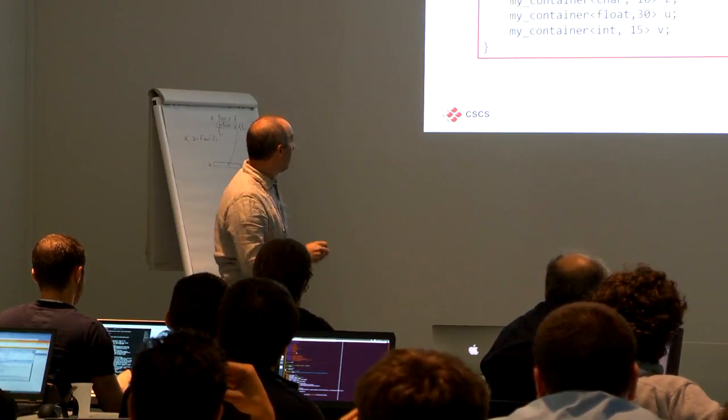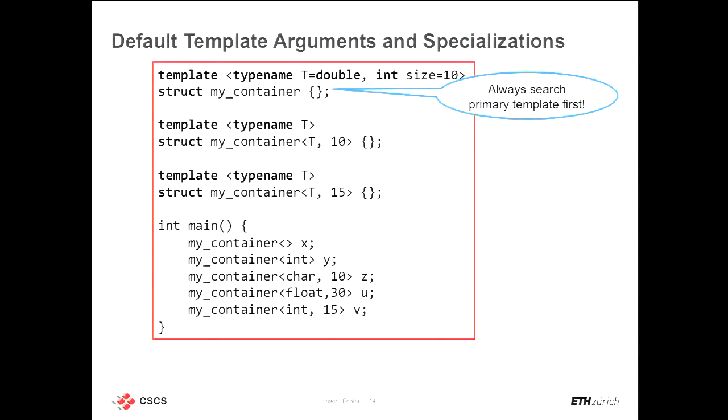And the primary template says, okay, look, this is integer, and the second one is default, so it will be int and 10. Then it will look for the specialization that matches, in which case it will be the second one.